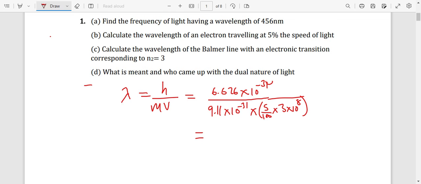The answer that we get now is 6.626 multiplied by 10 to the power negative 34, divided by the answer that we found from the previous working.